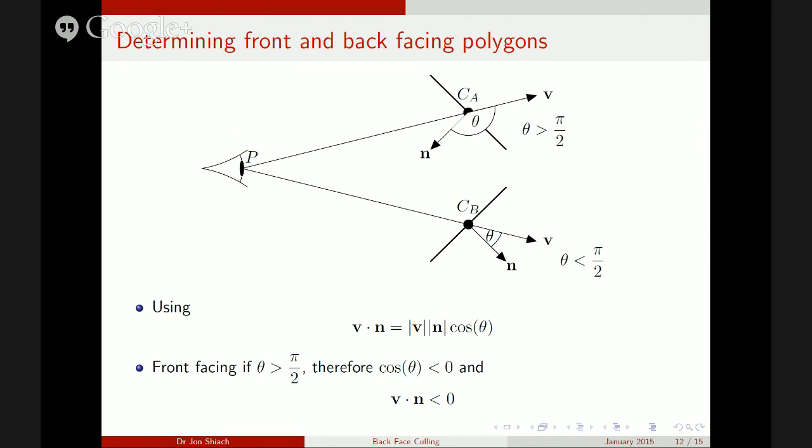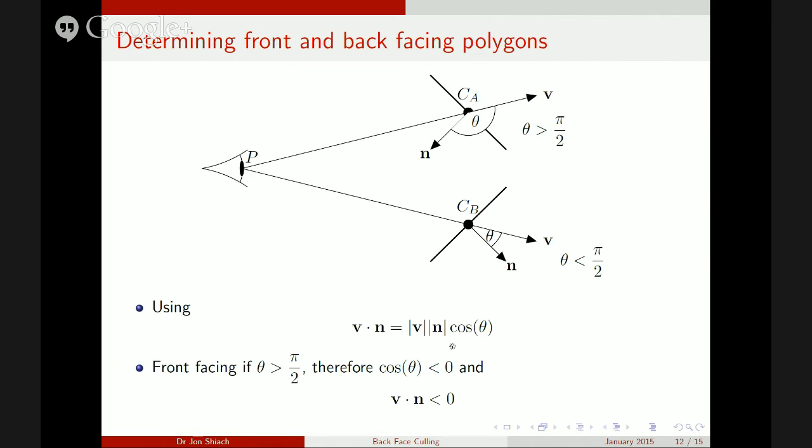Because when the angle is 0, cosine is 1. When it gets to pi over 2, it's 0. So when the angle is between 90 and 180 degrees, the cosine is negative. So that means instead of actually calculating the angle and calculating the cosine, we just say, well, is it positive, is it negative? So cos theta is negative if we've got a front-facing polygon. Okay, this is front-facing, so this angle is greater than 90, so the cosine of that angle will be negative.